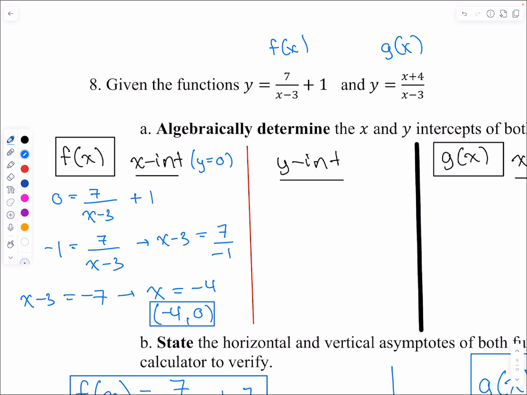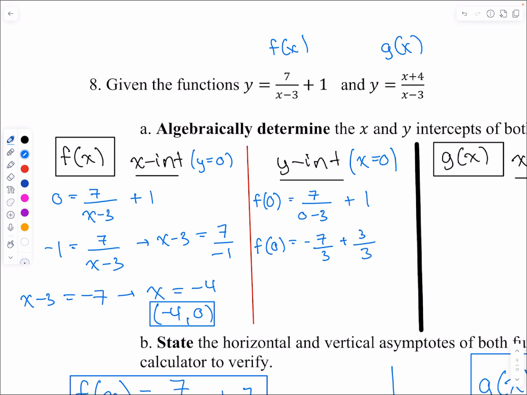Okay, so let's determine the y-intercept now. That's going to be when x is equal to 0. So let's take that function here, we're going to call it f of x. We'll evaluate it when x is equal to 0. So that's going to be 7 over 0 minus 3 plus 1. So that's going to be negative 7 over 3 plus, I'm going to change that 1 to a denominator of 3, just like so.